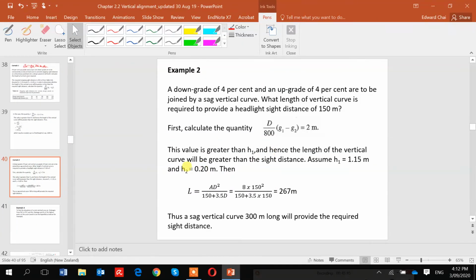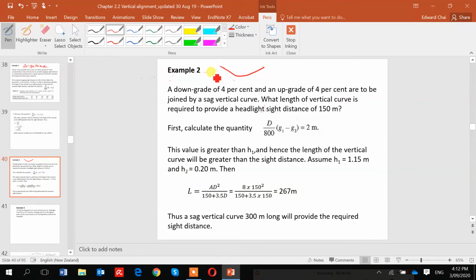Okay, we look at the second example. A downgrade of 6% and upgrade of 4%.